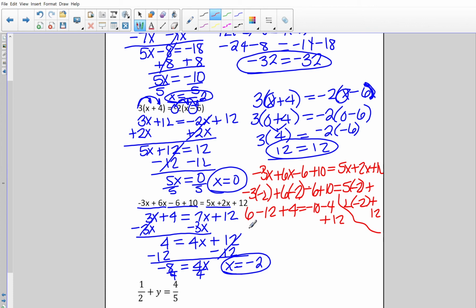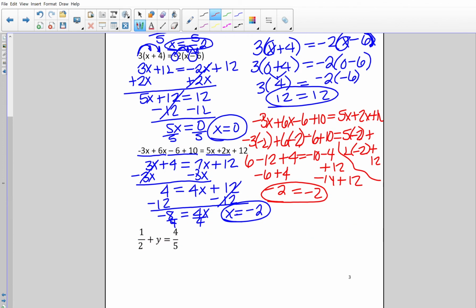So I've got 6 minus 12 is a negative 6, plus 4 is going to give me a negative 2. Over here, negative 10 and negative 4 is a negative 14, plus 12 is going to give me a negative 2. So again, this one would be a great one to use your calculator on because I made a big mess and a scribble of it, but you got the idea.